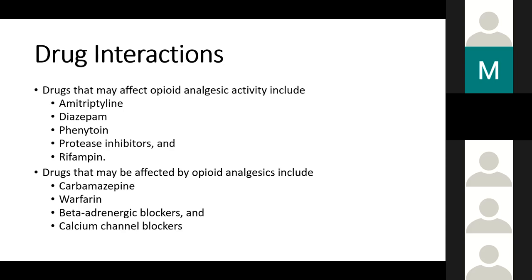Then there are drugs that will potentiate the analgesic effects of morphine, and drugs that may be affected. If you have carbamazepine, for example, or warfarin or beta agonists or calcium channel blockers, they may be affected by giving morphine. And the other medications that are listed will affect how much pain relief the morphine can give.